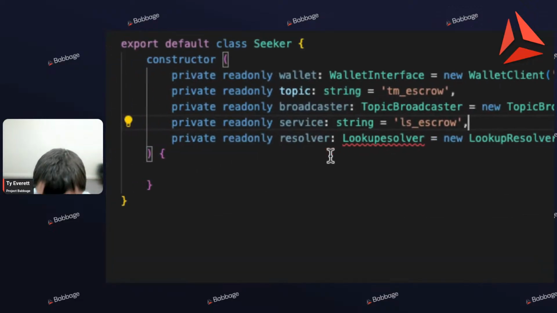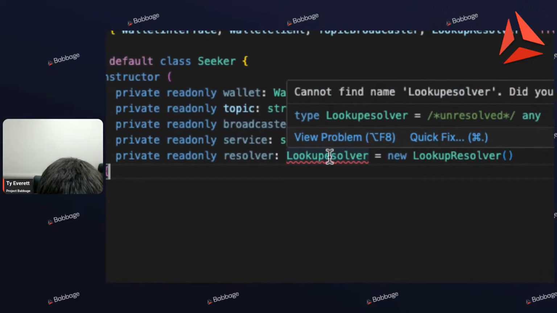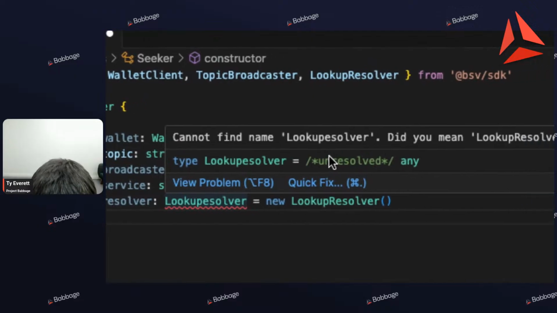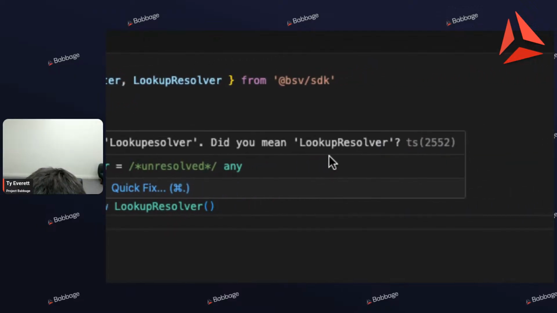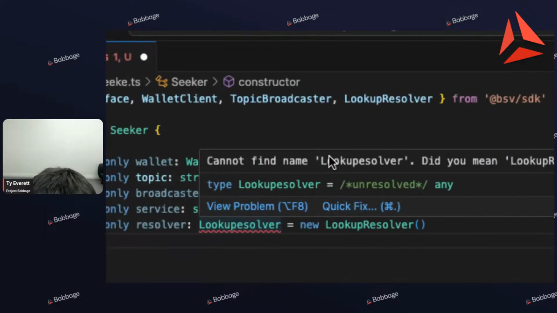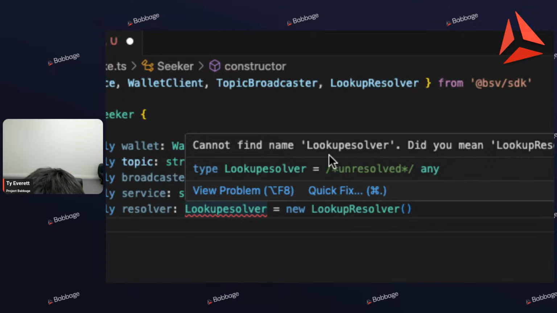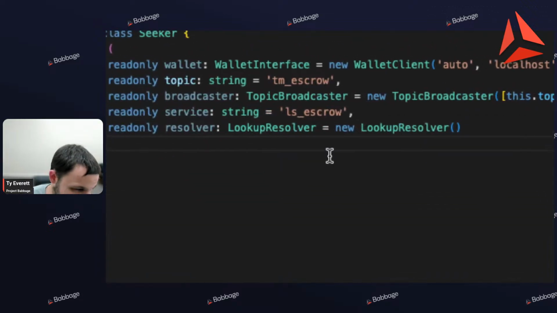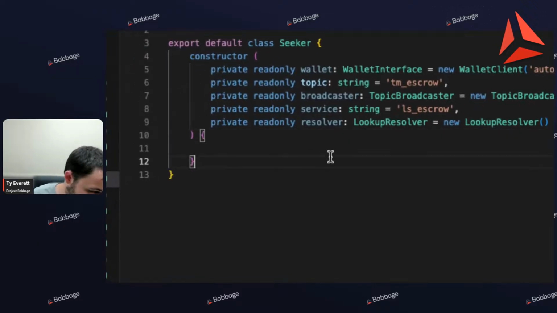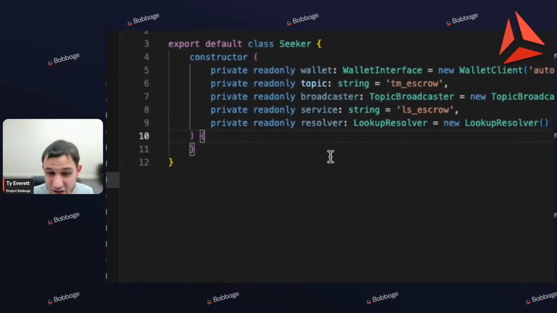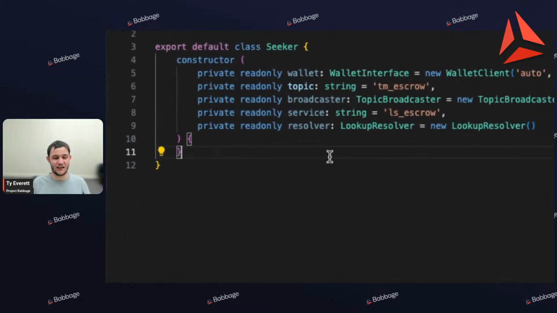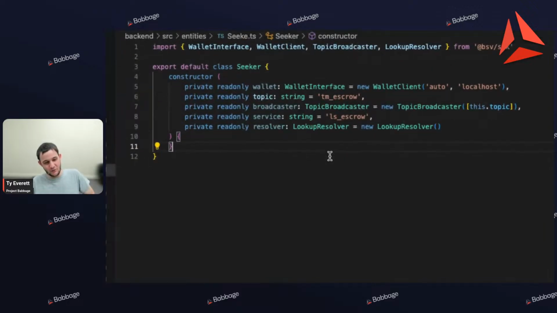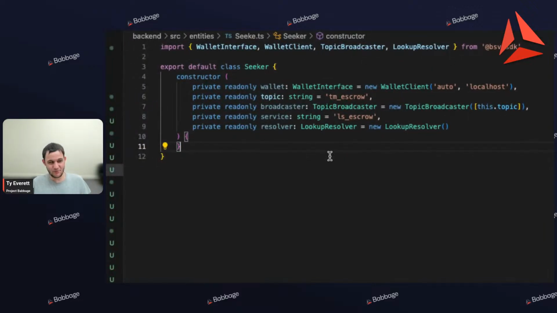But now, oh wait, cannot find name. Did I make, oh, sure. All right, fine. Okay. So now we have a wallet and a concept of which overlay we're working in. That's going to be a pretty common pattern.